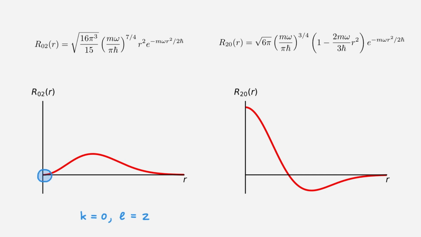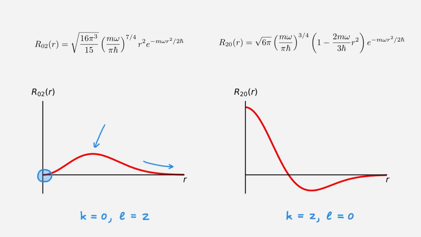It has a maximum at some finite distance from the origin here, and then decreases in size as we move away from the origin of the central potential. This radial function is shared between 5 distinct eigenfunctions, whose angular part is given by the l equals 2 spherical harmonics.